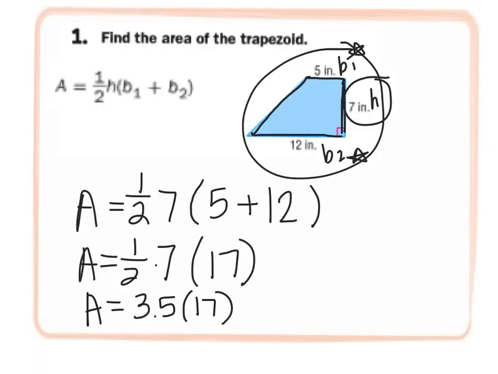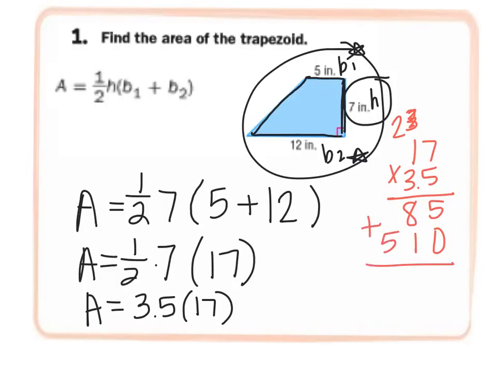So I'm going to do that right here. 5 times 7 is 35. 5 times 1 is 5 plus 3 is 8. 3 times 7 is 21. 3 times 1 is 3 plus 2 is 5. I'm going to add: 9, 5, and then there's one decimal point. So the area of my trapezoid should be 59.5 inches squared.